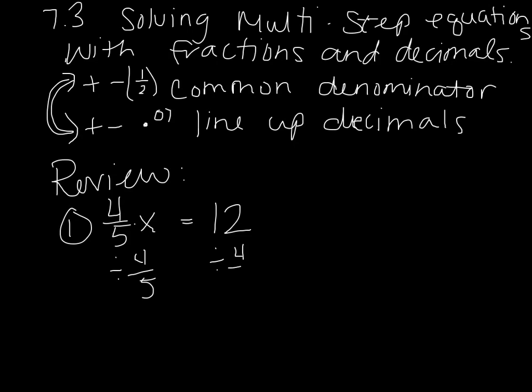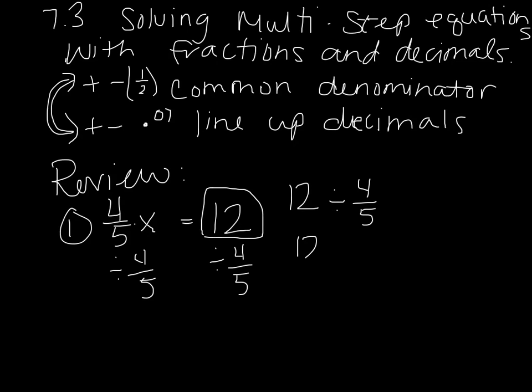Divide both sides by 4/5, so we start with the number next to the equal sign, 12 divided by 4/5. I highly recommend writing this out, because if you don't, you're just going to flip them and multiply and not know which one goes first. This helps slow your brain down.